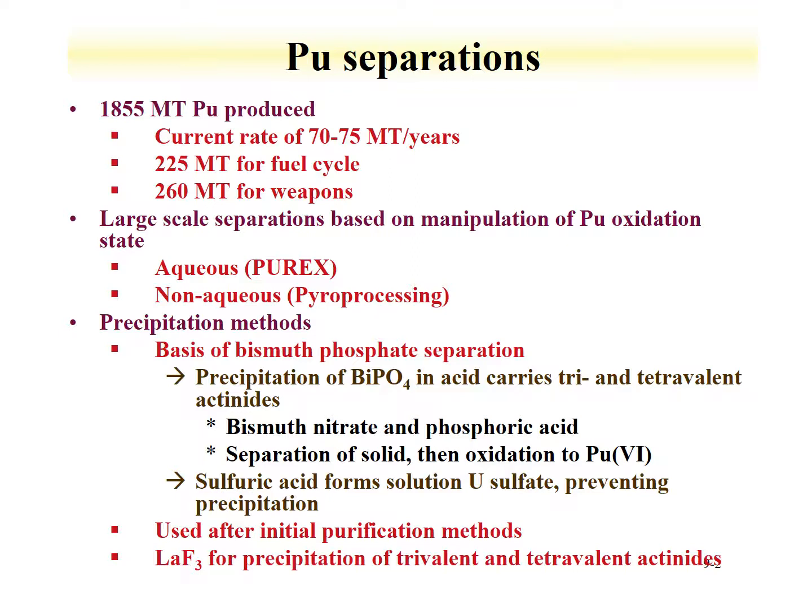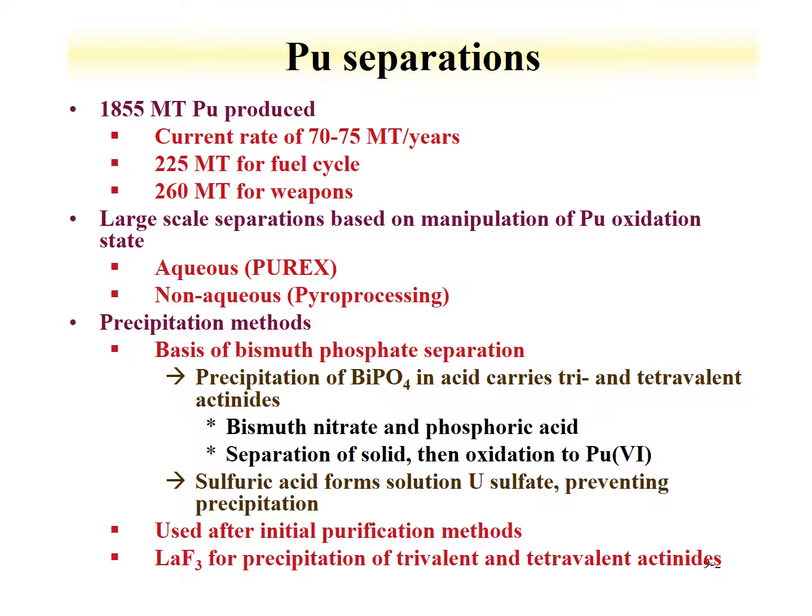So for instance, plutonium could be in the 3 or plus 4 oxidation state. Addition of bismuth nitrate or phosphoric acid will drive the precipitation of bismuth phosphate carrying the plutonium 4, along with any other trivalent or tetravalent metal ions, actinides that are present. The plutonium can then be oxidized to the 6, which would achieve a separation of that material.